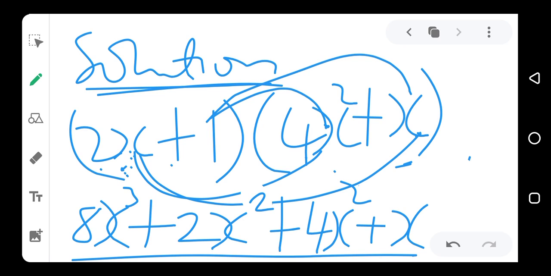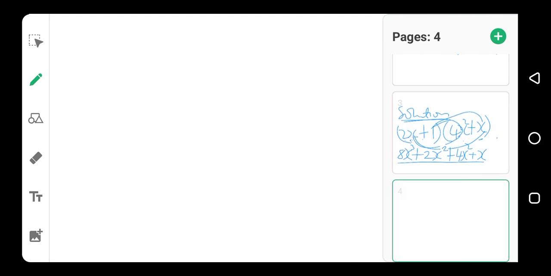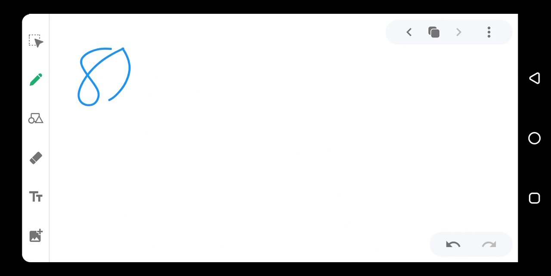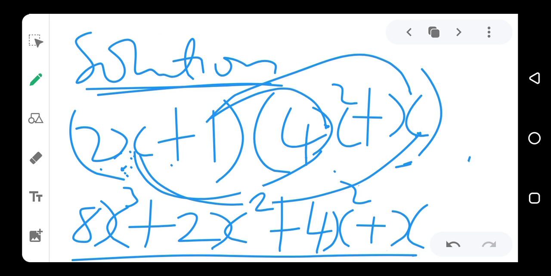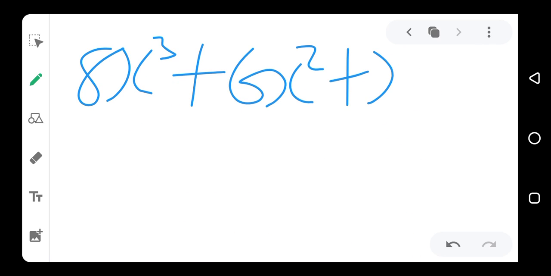So we have like terms, so we are going to add 2x raised to the power 2 and 4x raised to the power 2. We are now going to have 8x raised to the power 3 plus 6x raised to the power 2 plus x. So this becomes the answer.